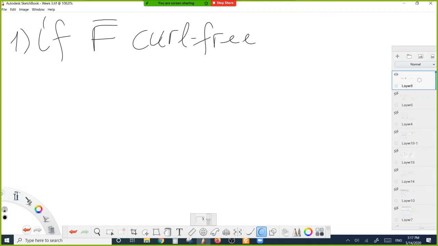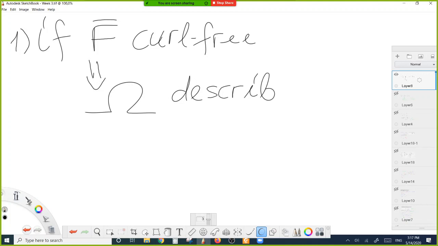So if f is curl free, we may define some scalar potential, for example omega, which describes f completely.